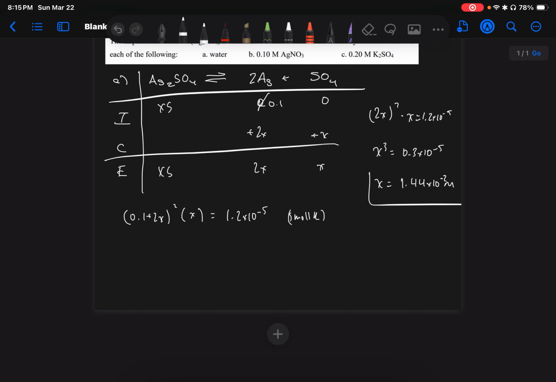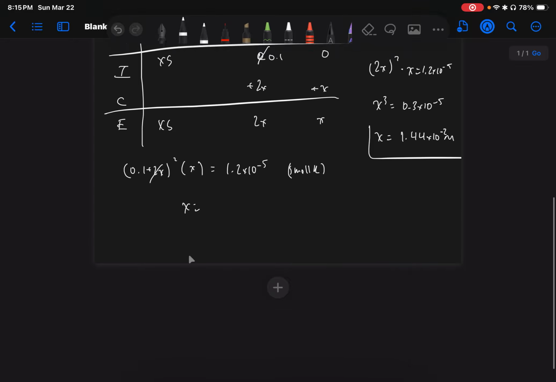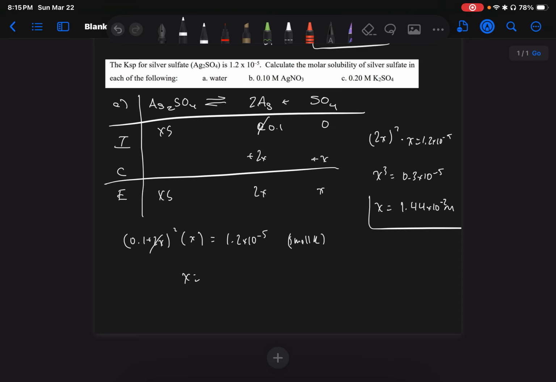So this is just going to be crossed out. Oh, we have to do the 5% assumption, that's annoying. Okay, so x is going to be equal to 1.2 e negative 5 divided by 0.1 squared. Should get a value of 1.2 times 10 to the negative 3.